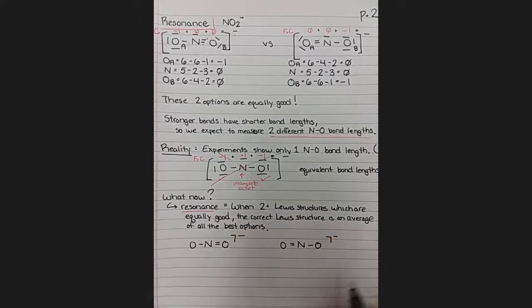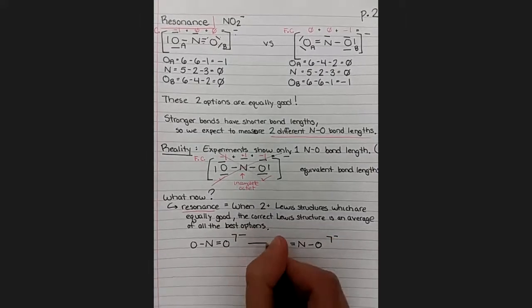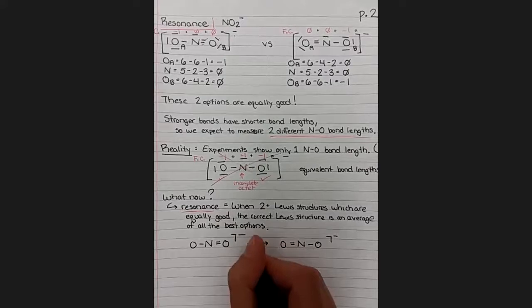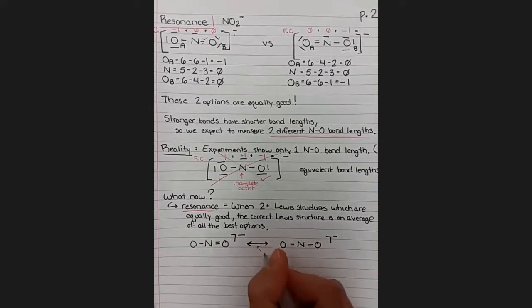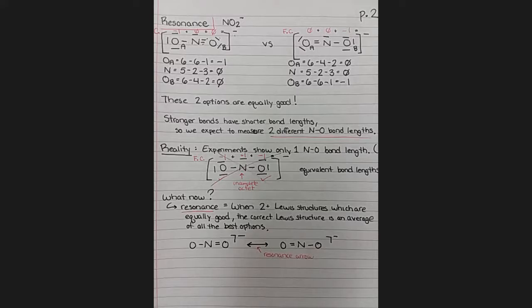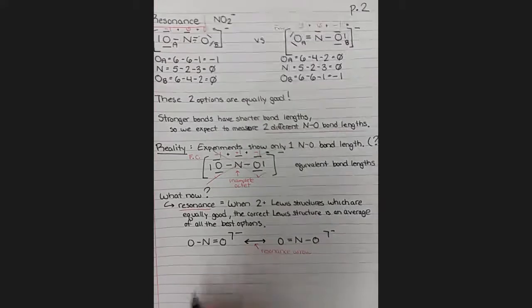The way that we indicate that these two structures are equally good is we put this double-sided resonance arrow. So we only use this when drawing Lewis structures that are equivalent. And what this resonance arrow means is that you need to draw both of these structures to accurately represent where the electrons are in these bonds.